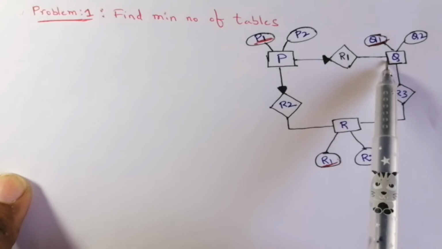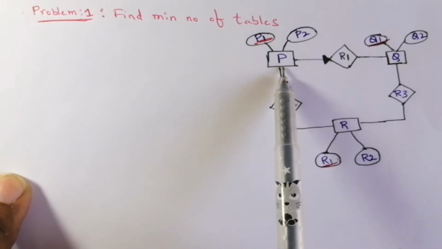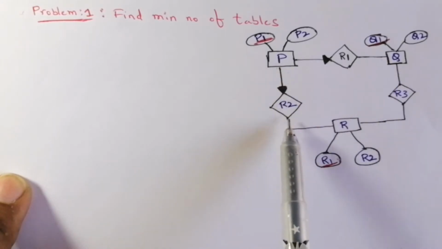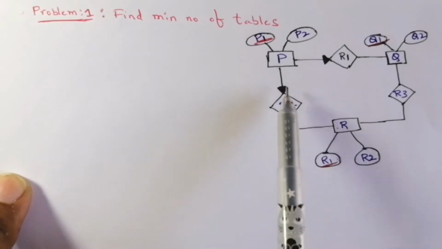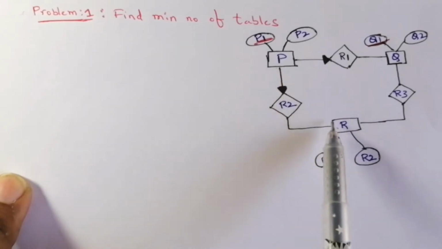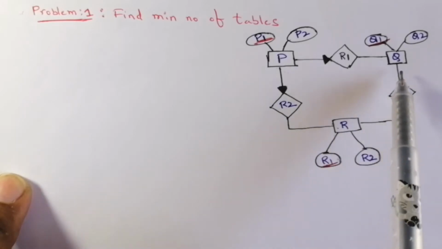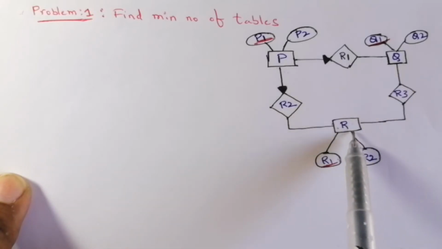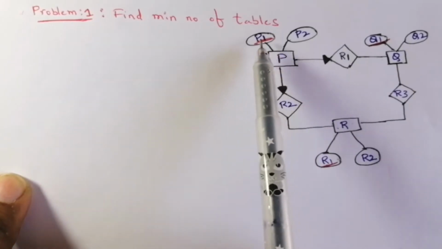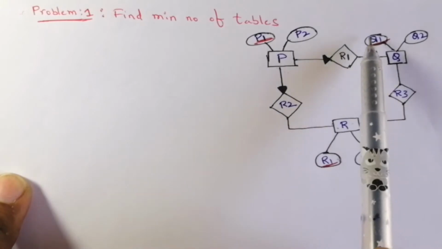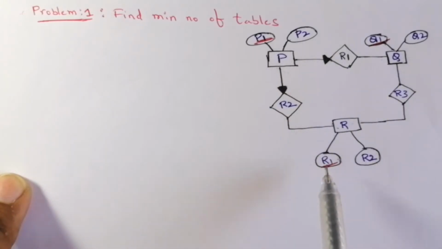And also from P there is an arrow on this side, so it is going to move to R. That is many to one. And here we have many to many between Q and R, right? So P has the primary key P1, Q has the primary key Q1, and R has the primary key R1.